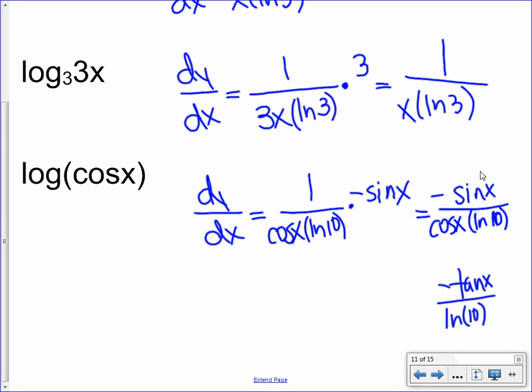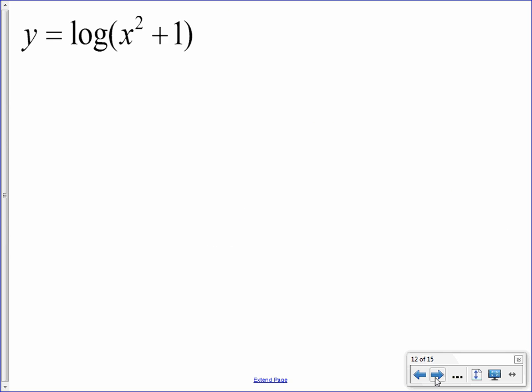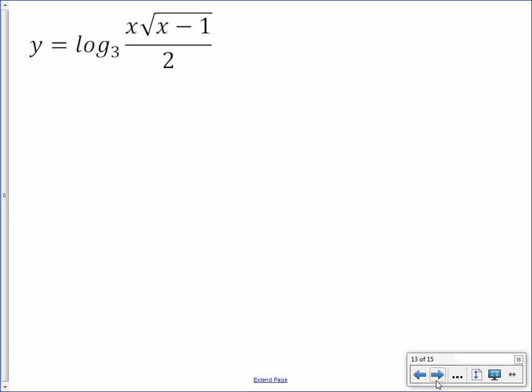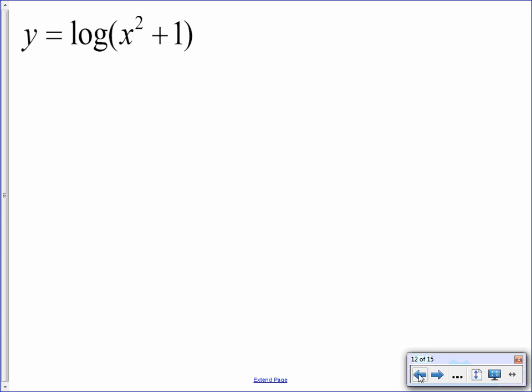There's going to be some simple ones, some not as simple ones, and some that we'll need to expand before we can take the derivative. So let's take the derivative of this one. What's our base on this logarithm? 10.